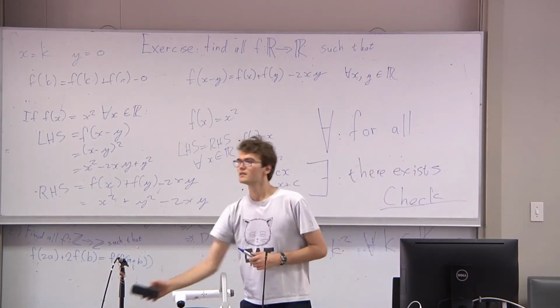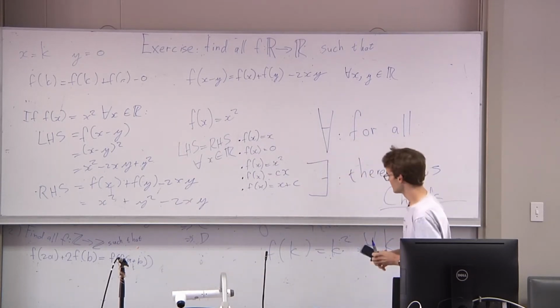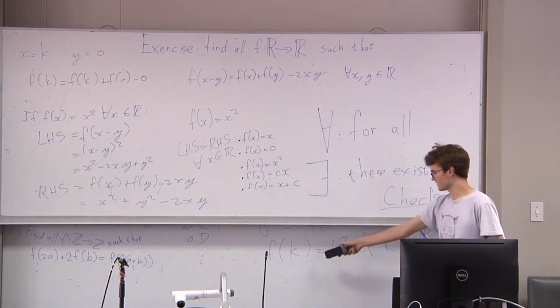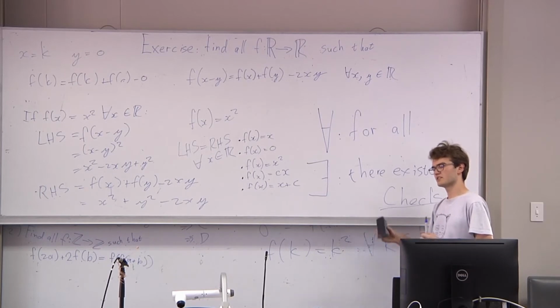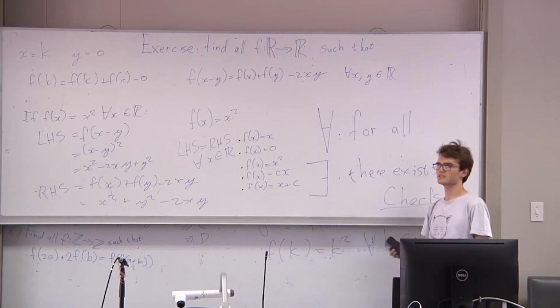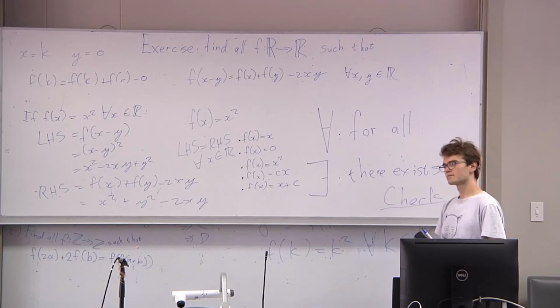So have we established that there are definitely no other solutions? Yeah. So we proved that if a solution exists, it must be f of k equals k squared. Oh, I see. So if it exists, it must be that. And then we show that it actually works. But okay, so that f of k equals k squared, you got by saying x equals y, or x equals y equals k. So x and y are being restricted to being the same.